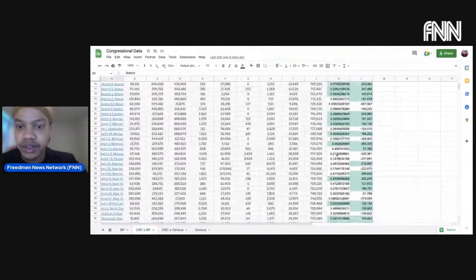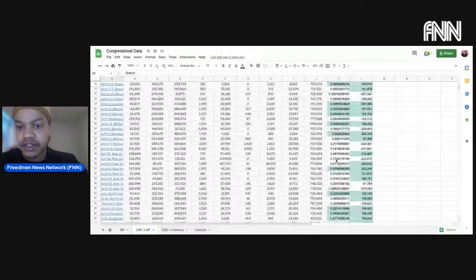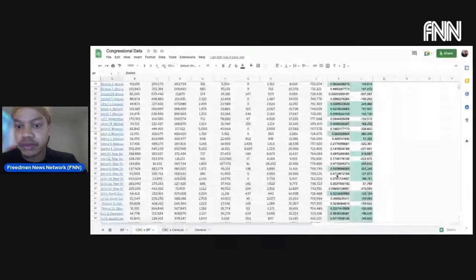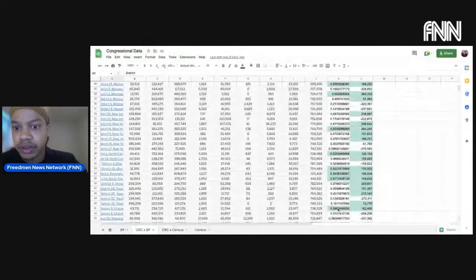All these districts right here have more Black people in the district, but other districts have 47% Black people, 27%, one has 6% Black people, 43, 13. So there's many districts.